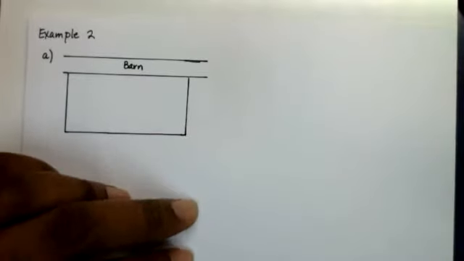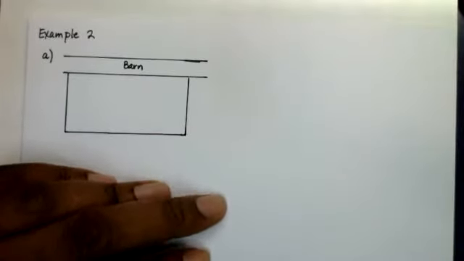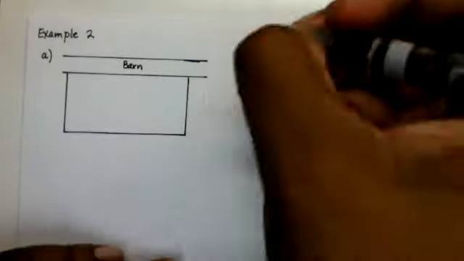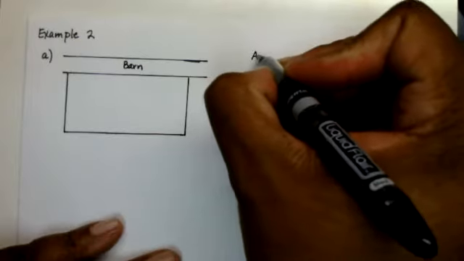All right, in this case here, we got 2,000 meters of a fence that's going to be used for the other 3 sides of the barn. And it's going to be in the form of a rectangle, since we're dealing with a rectangular pen. Now, of course, there's one thing you need to know.